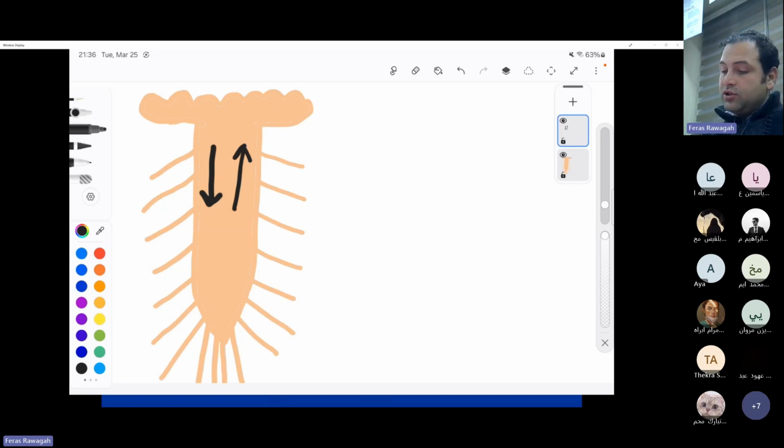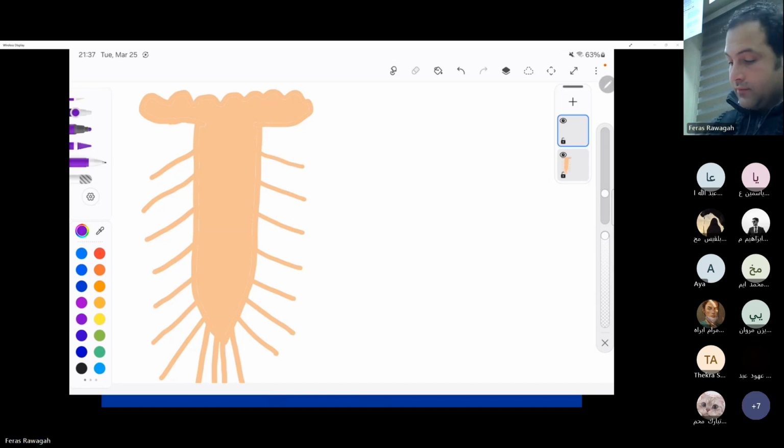So this is the first function of the spinal cord. It's the transfer of data from the brain to the spinal cord. So we have motor function and we have the sensory function. The motor function are the descending tracts, and the sensory function are the ascending tracts.